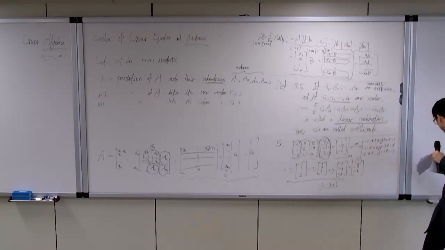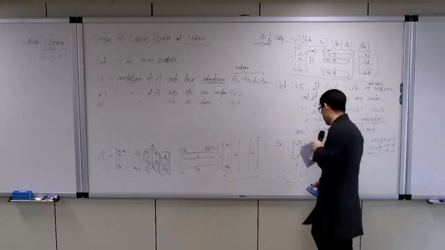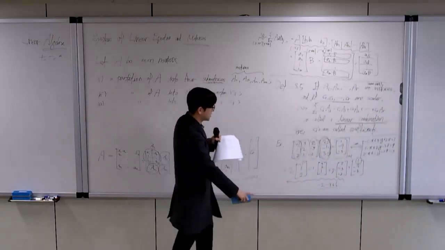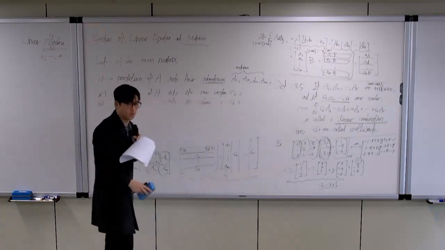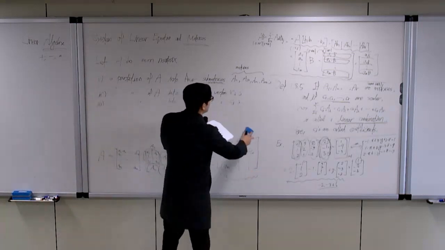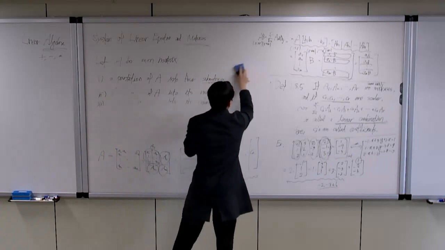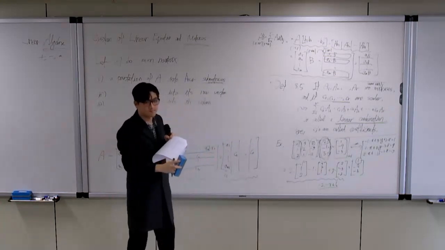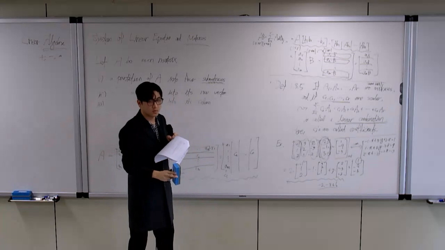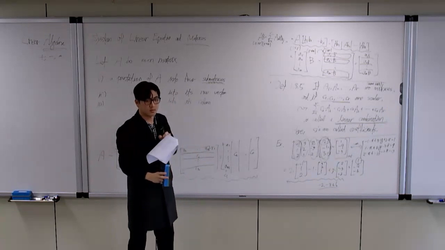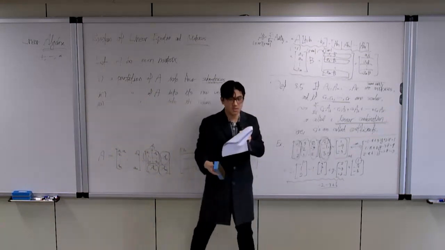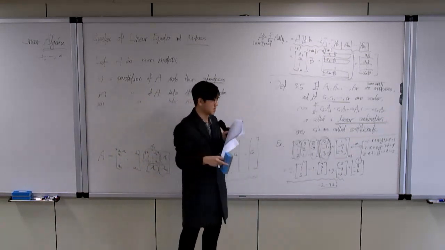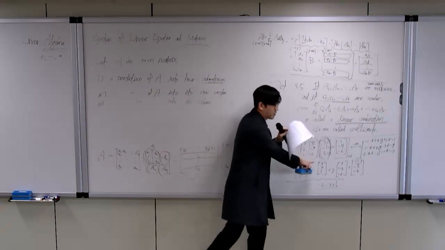Okay. And so this form is a linear combination of column vectors. Column vectors are also matrices, so it makes sense. No, it is not only column vector.